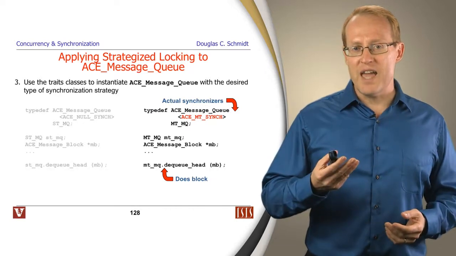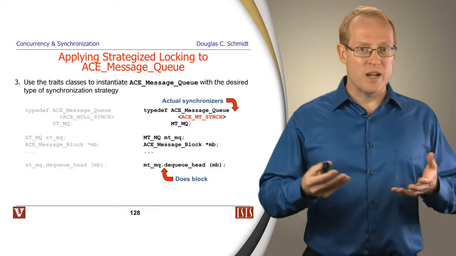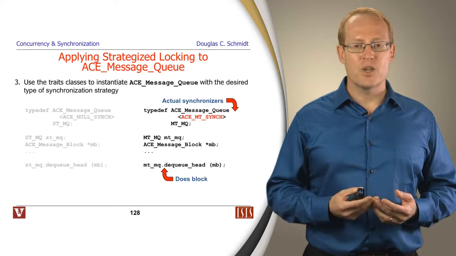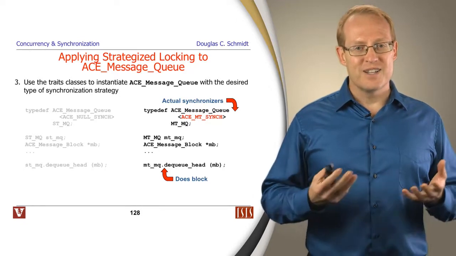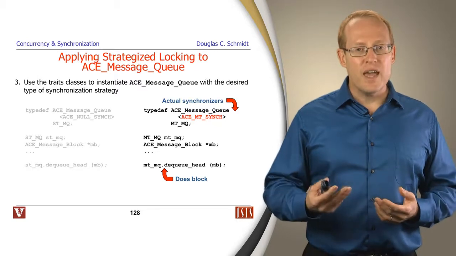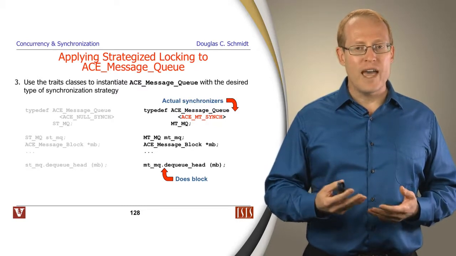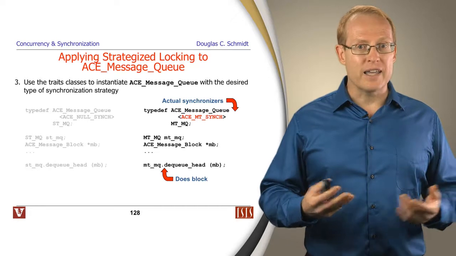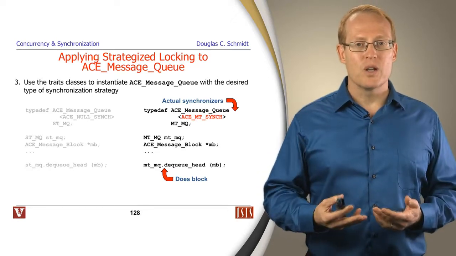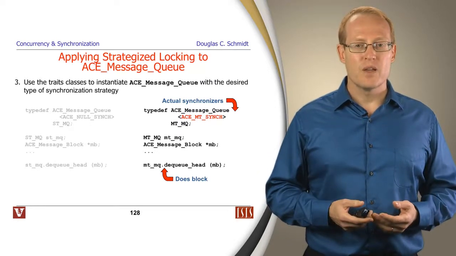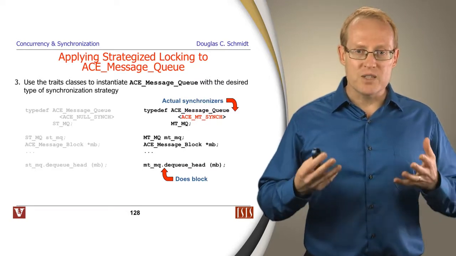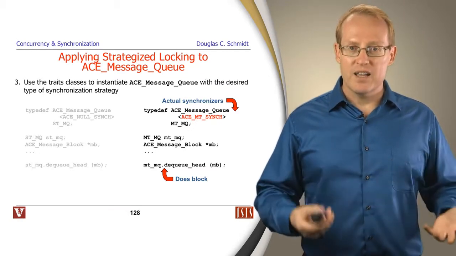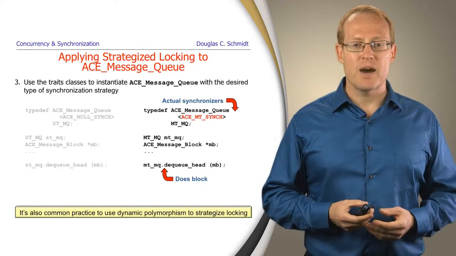Conversely, if we apply the ACE empty sync traits class to make a message queue, and we define an instance of one of those types of synchronized objects, then when you do a dequeue head on an empty queue, that will block until somebody puts something into the queue to allow it to be able to continue. So the nice thing here is the logic remains the same, but we're changing the synchronization mechanisms via the strategy and the strategized locking pattern.